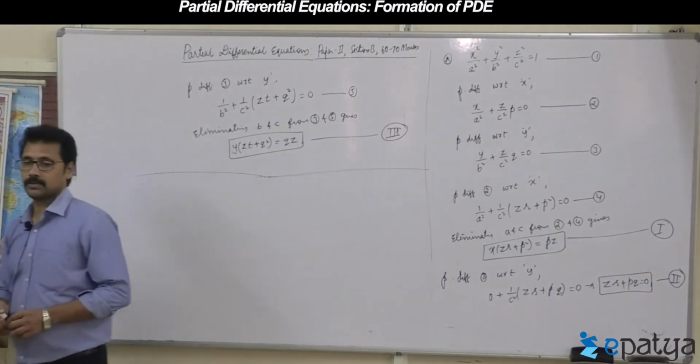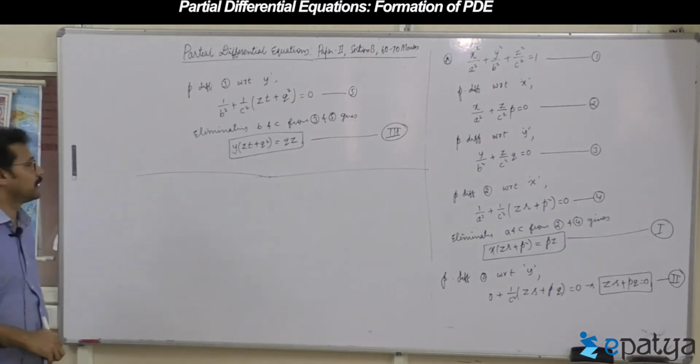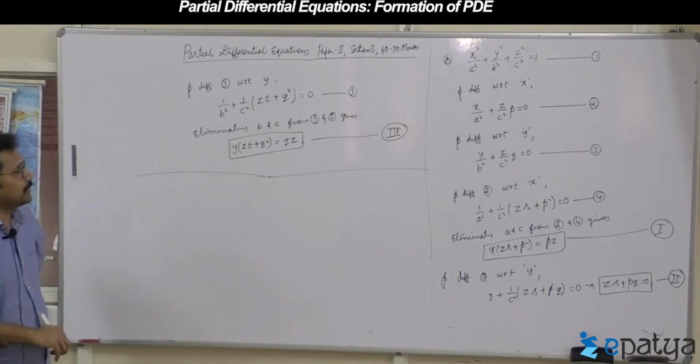All of them, if we solve, lead to only one family, that is conicoids family.